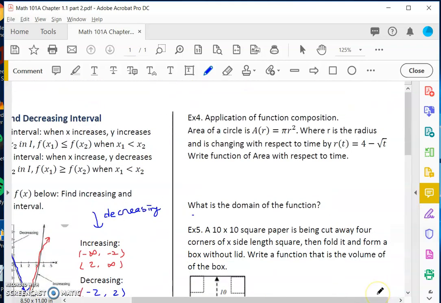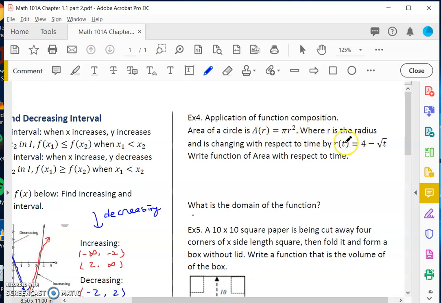So the next part is application of functions using composition. For example, I know the area of a circle is pi r squared. r is the radius, but the radius is not a number that I plug in. It's actually changing by a formula related to time.